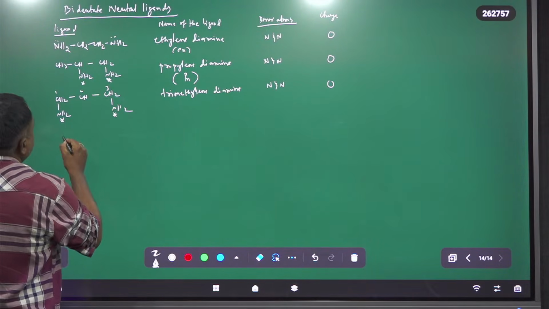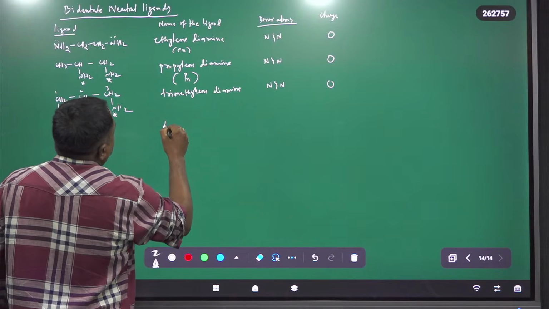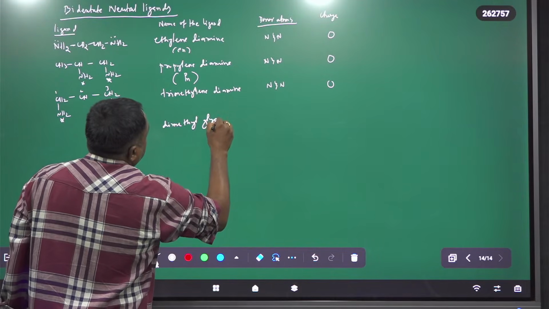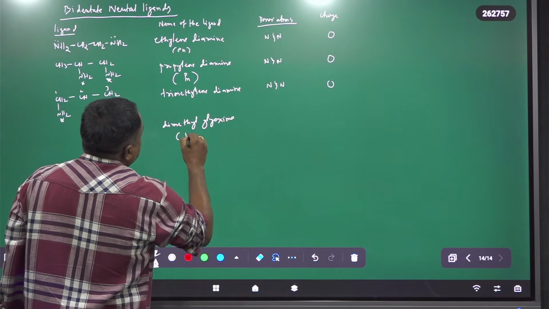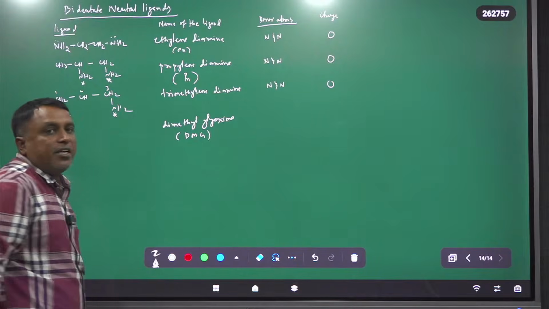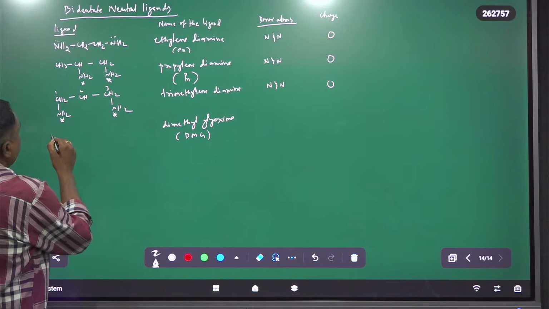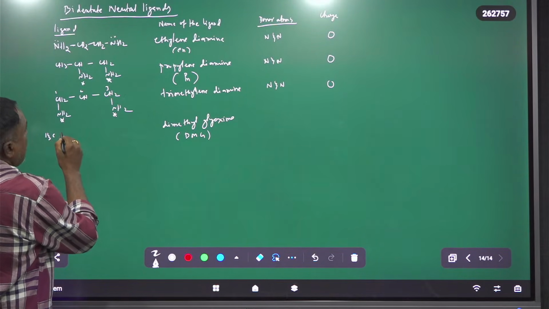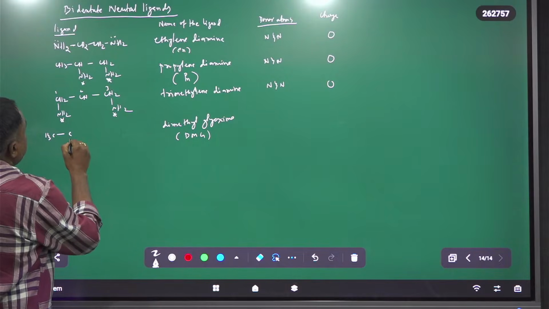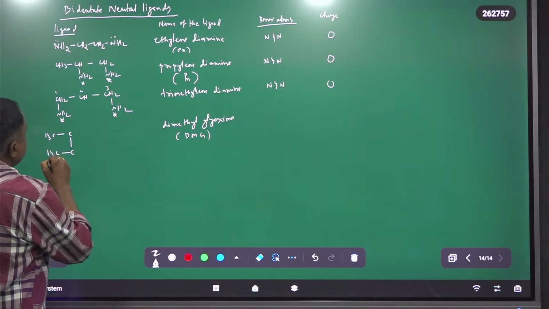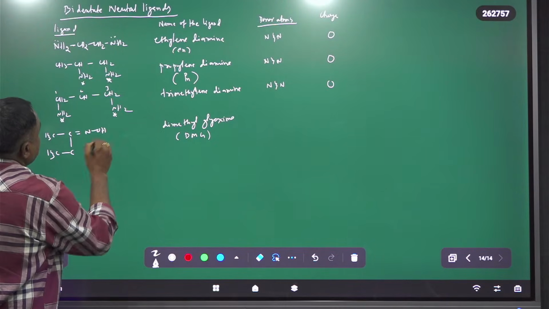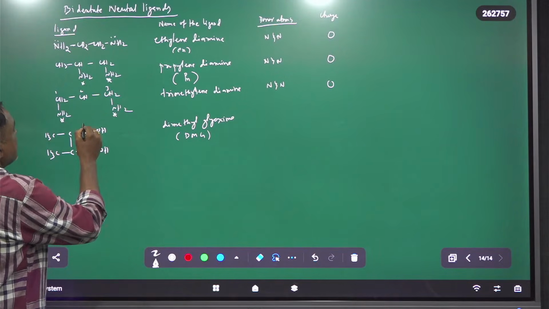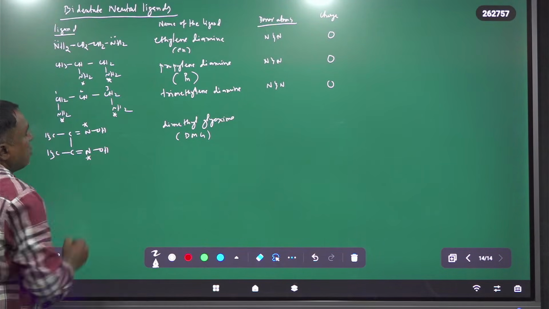And next is this one: dimethyl glyoxime. This is the most important ligand now, dimethyl glyoxime, abbreviated by DMG. CH3 C=NOH, CH3 C=NOH. This is dimethyl glyoxime. This is one donor atom and this is also another donor atom.